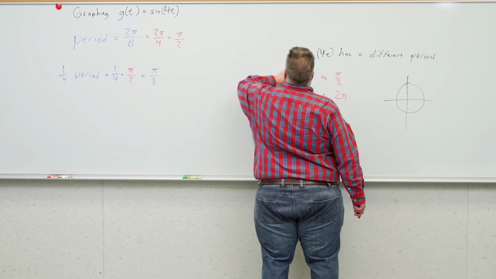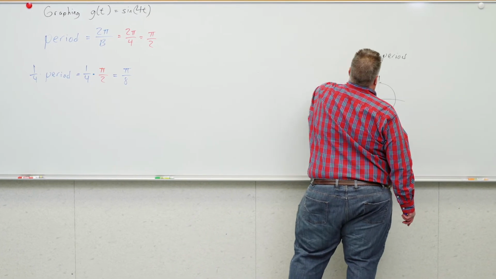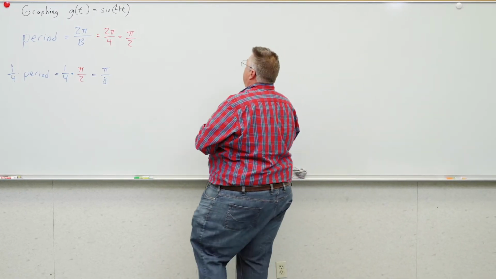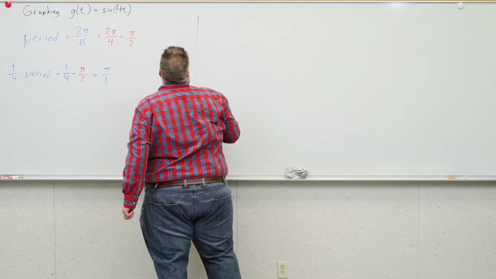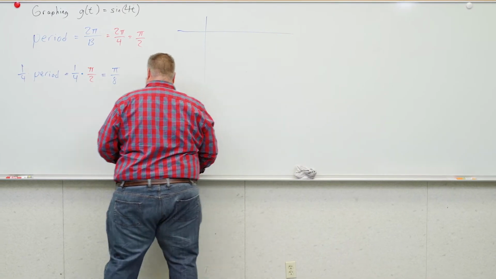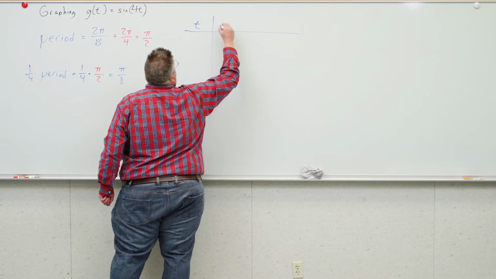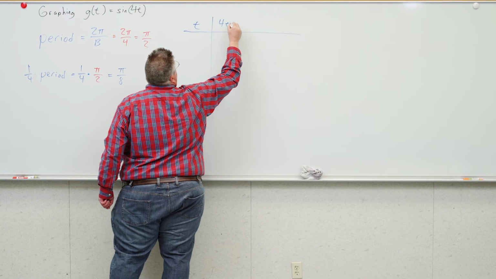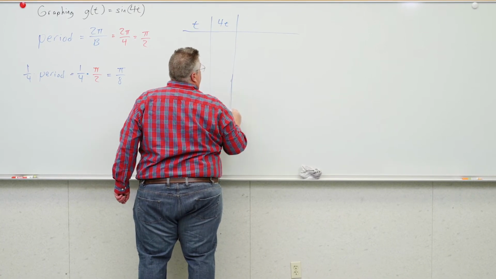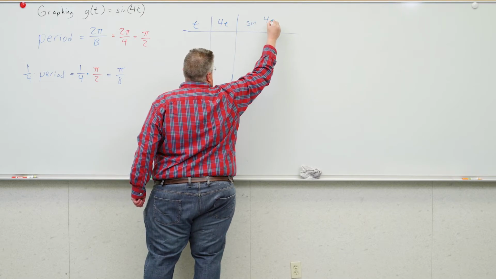Again, I want room to put a couple things before 0. So I'm going to have t, and I'm going to find 4t along the way. And then ultimately what I'm after is sine of 4t.